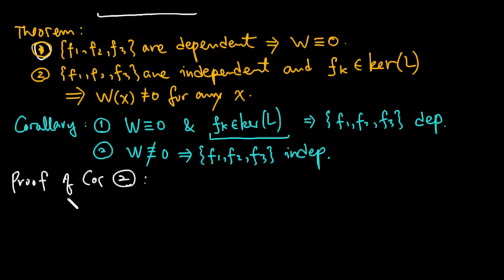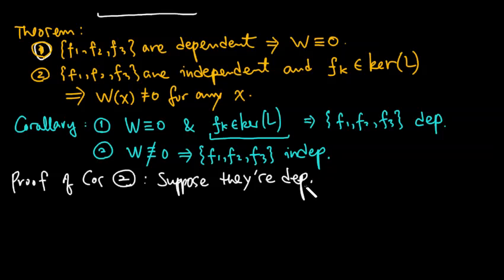Now let's consider the proof of corollary 2 here. If the Wronskian is not identically 0, then we have to conclude independence. Like we did before, we assume actually that f1, f2, f3 are dependent. Suppose we have a dependence and we still have the condition that the Wronskian is not identically 0, but it happened that these functions are dependent.